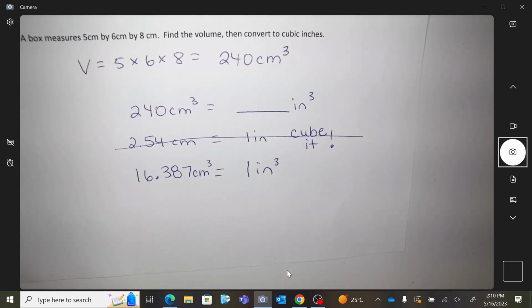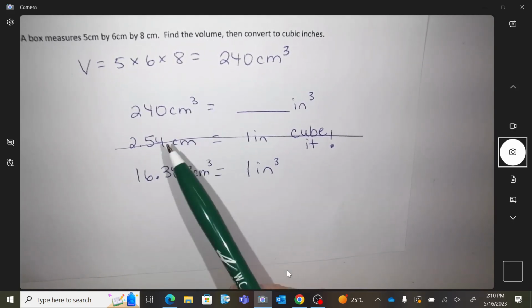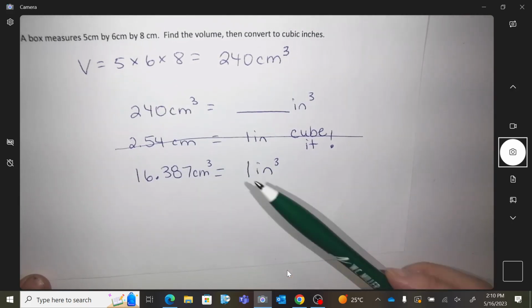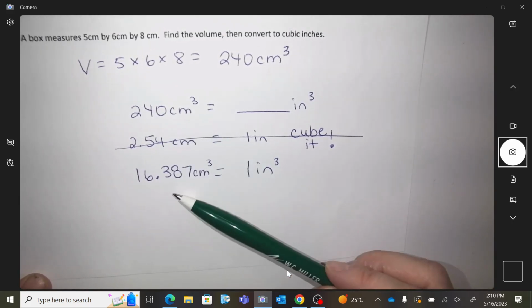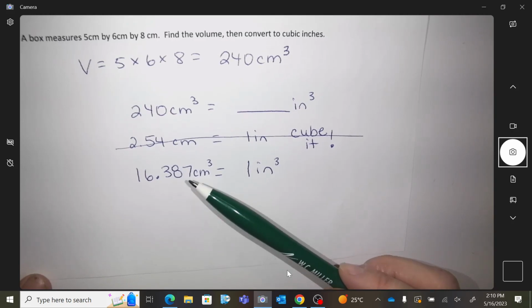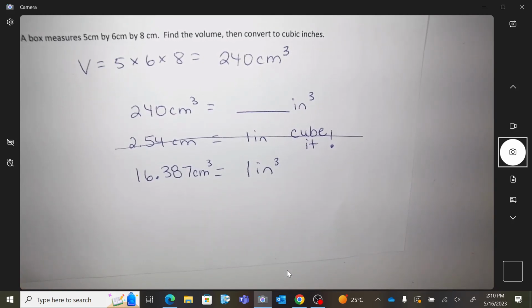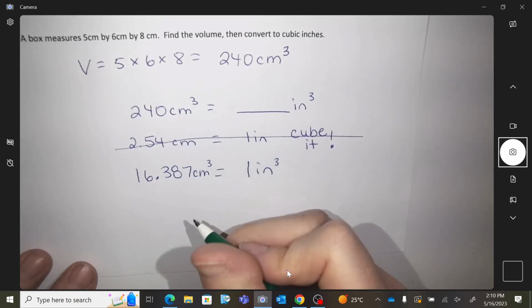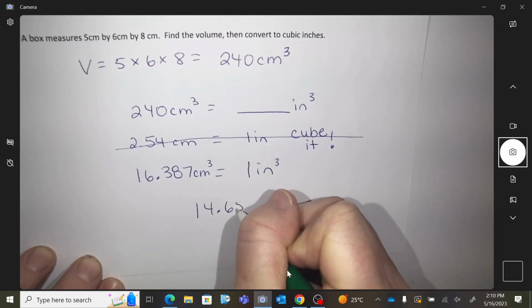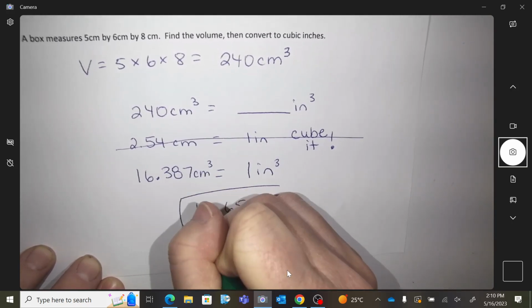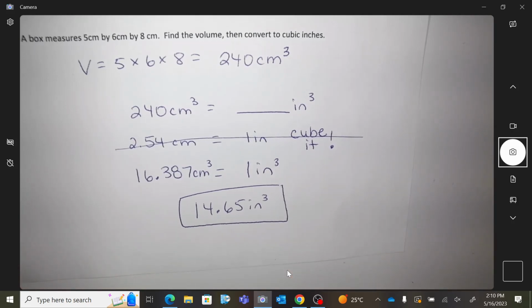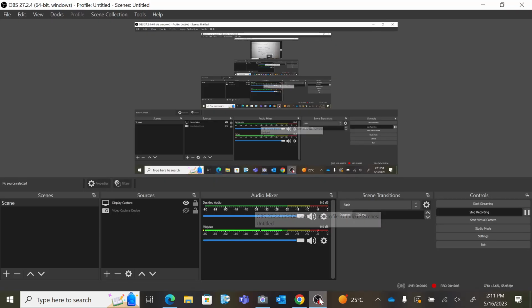I don't want anything to do with the 2.54 now. So I'm going to cross multiply. I'm going to be doing 240 divided by that. And I'm not sure if you rounded, but I did keep that one on my calculator, so.